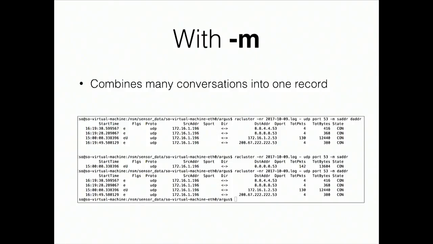If you put -m in here, where it's going to group it by source address and destination address, then it goes down to just 4 lines. So I have 4 packets going from this UDP to that server. I resolved some of my data at this Google server, and some of it at that Google server, and some at the default server, and some at OpenDNS.